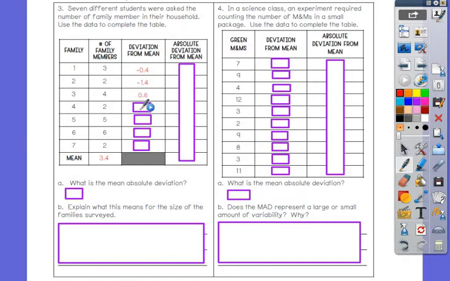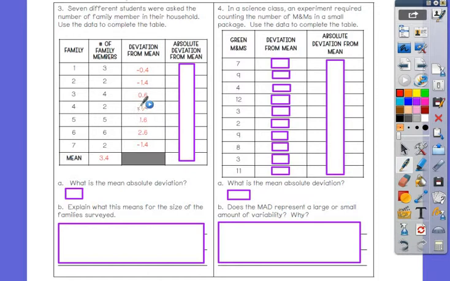And then 2 again is going to give me that -1.4. 5 minus 3.4, that's going to give me a +1.6. 6 minus 3.4 is going to give me a +2.6. And then 2 minus 3.4 is going to give me a -1.4. Okay, so I found the deviation, how far it was from the mean.